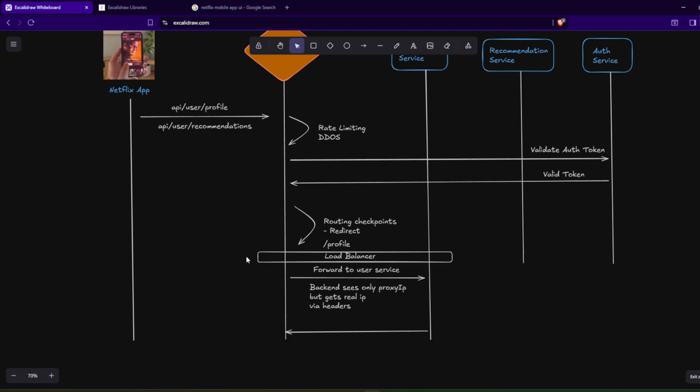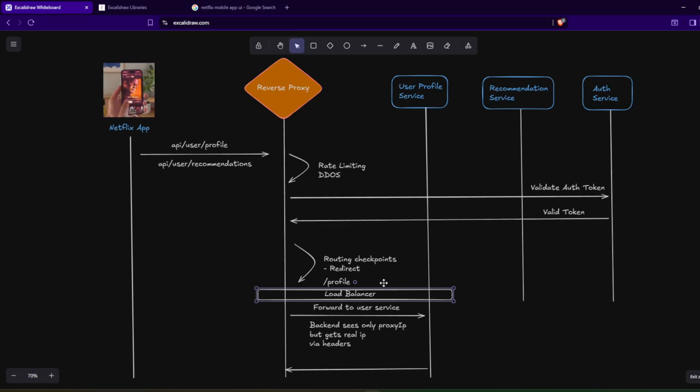So this part that you see, at this point of time, if I configure our reverse proxy as a load balancer, it will check whether the user profile service is really healthy, or if the user profile service is horizontally scaled, it checks which instance is the most healthy and can serve the request most effectively.